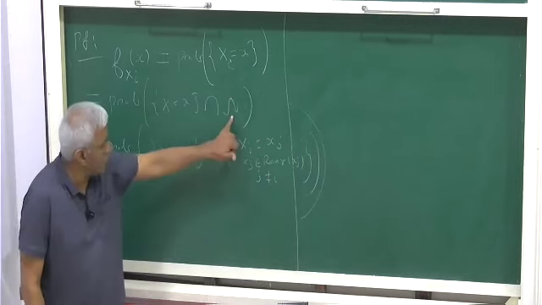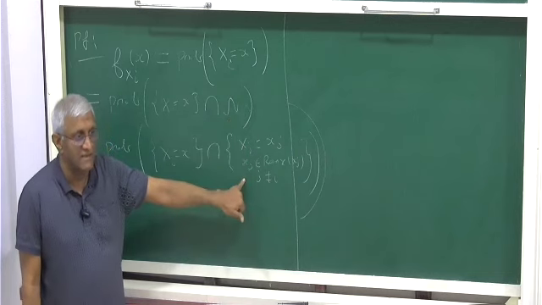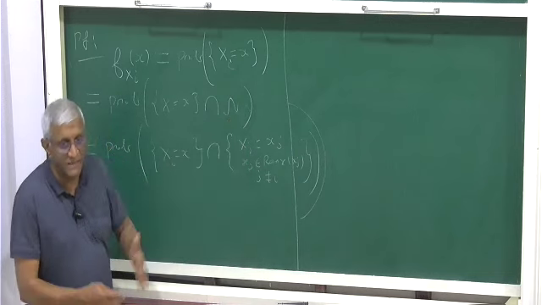I am just writing the omega as this. Omega is what? It's just all possibilities.